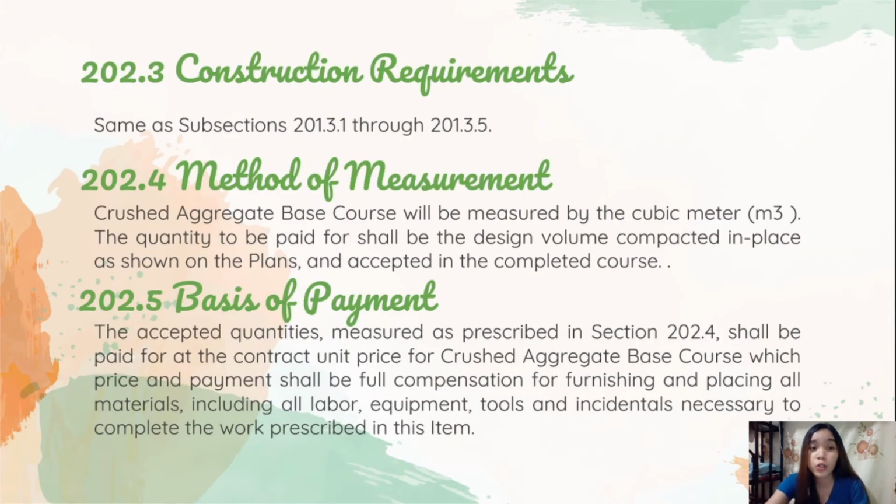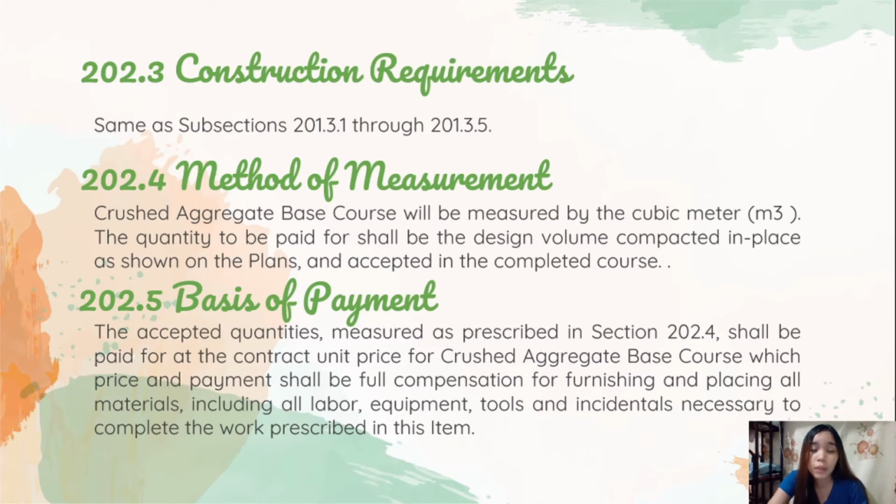Then construction requirements. So the construction requirements for crushed aggregate base course is the same as for the aggregate base course. Then the method of measurement is crushed aggregate base course will be measured by the cubic meter. So the measurement is the same as the base course, which is the cubic meter.